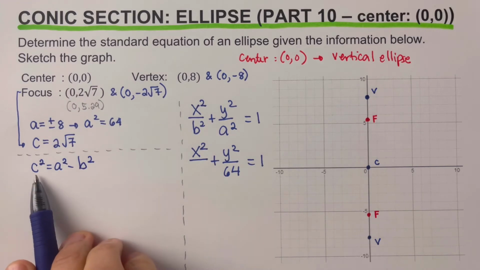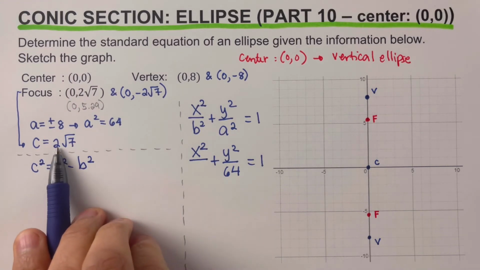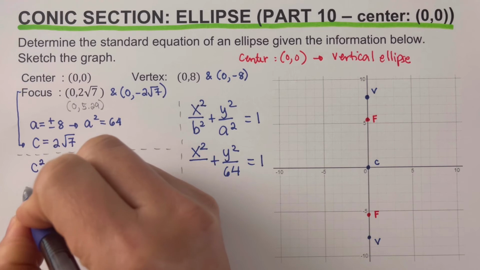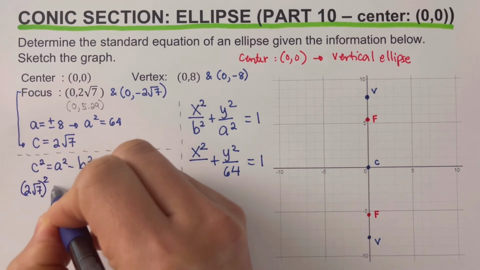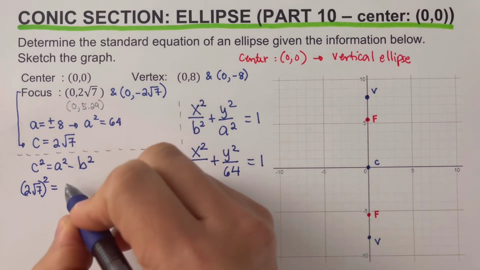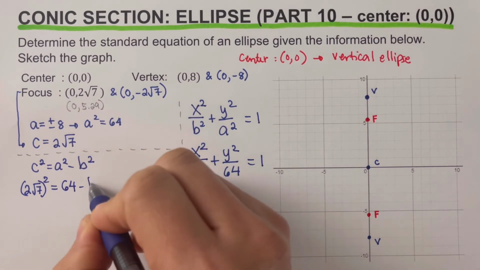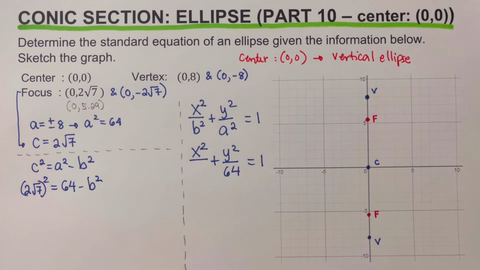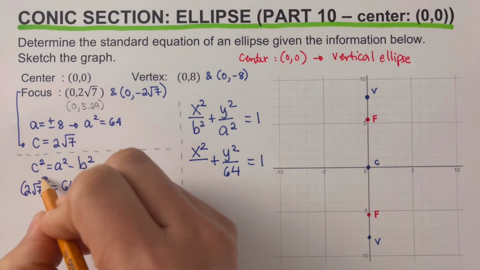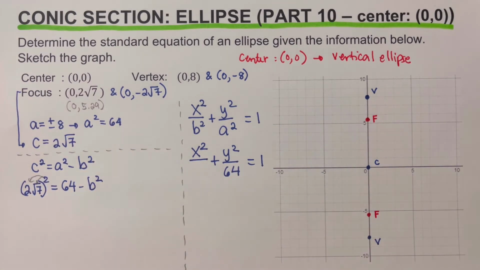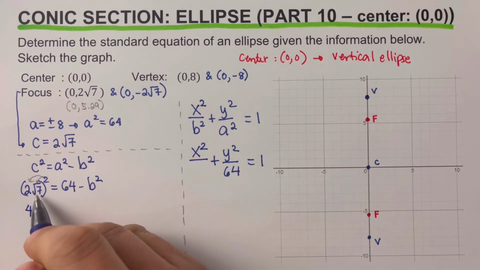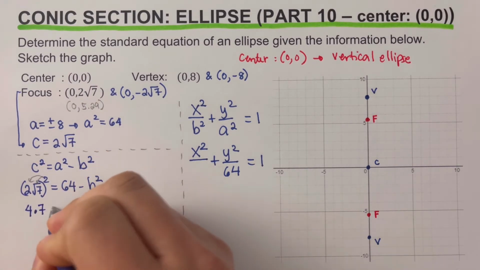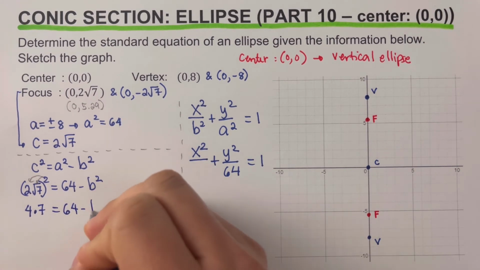Since we have a c value, I'm going to plug this into the c here. So that is 2 square root of 7, and then that is squared, equals our a squared, 64, minus b squared. We distribute the square to both of these so that this comes out. 2 squared is 4 times square root of 7 squared is 7 equals 64 minus b squared.